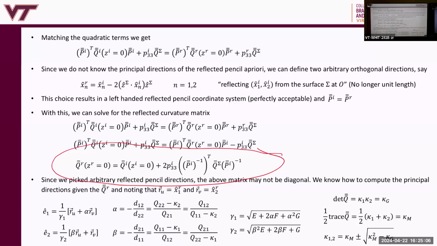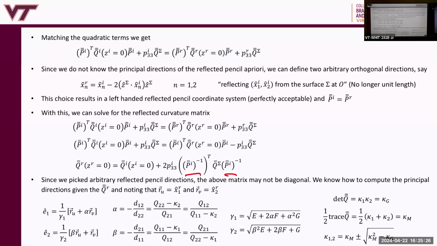So Q reflected at the point of reflection, where Z reflected is equal to 0, right? Is equal to Q incident. The curvature matrix of the incident field propagates itself to the reflected Q matrix curvature, plus the projection matrices of the coordinate systems, right?